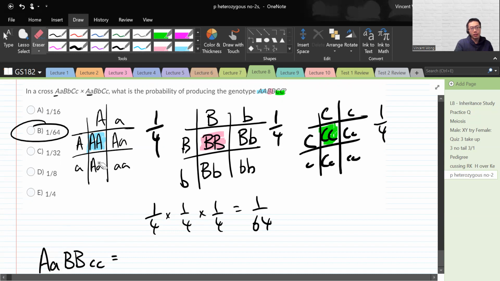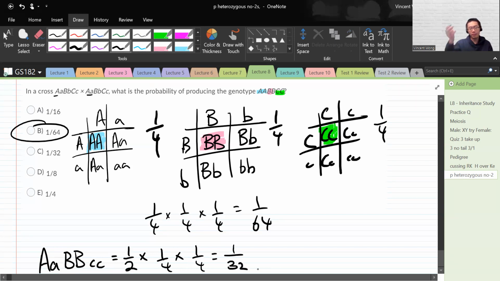So big A, small a, right? That's 2 out of 4 or half. Big B is a quarter. Small c, it's a quarter, right? So that's going to be 1 over 32.